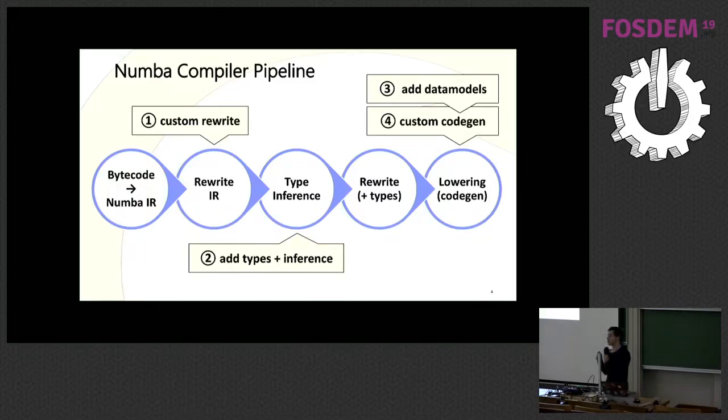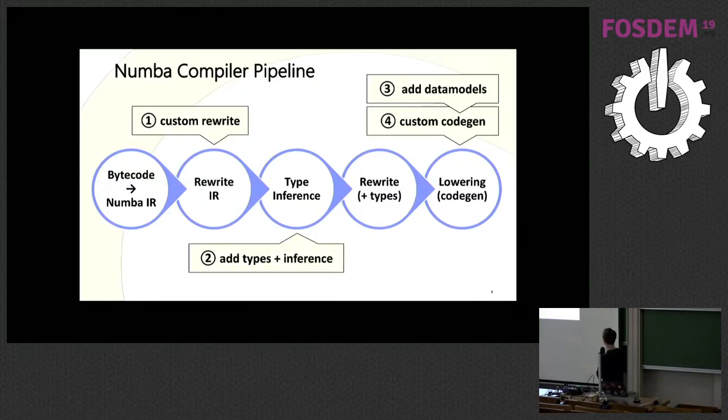It's important to remark that Numba does not directly generate machine code itself, but it generates LLVM intermediate representation, which is taken by LLVM to actually generate the machine code for your machine.